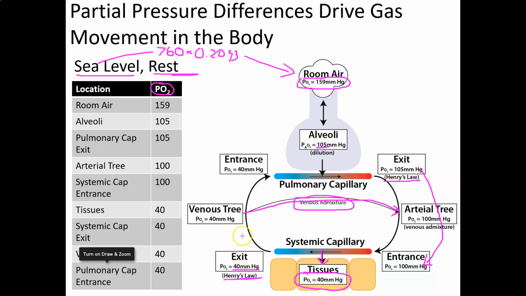Now, as blood moves through the venous tree, it doesn't do any exchange. Even though we lose some venous admixture, it's at the same concentration of everything else, so it doesn't affect anything. And we're back to the entrance of the pulmonary capillaries, which we didn't really mention before, is 40.